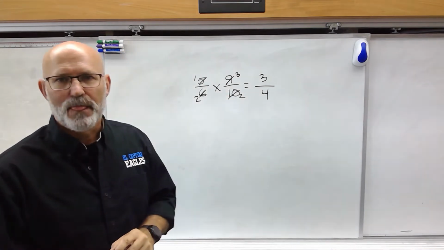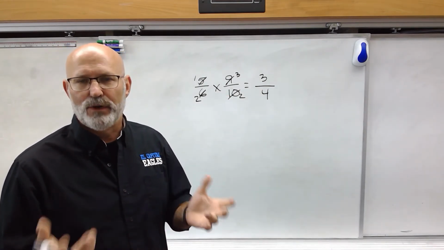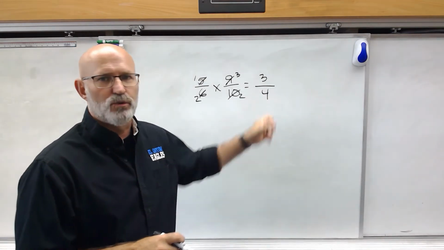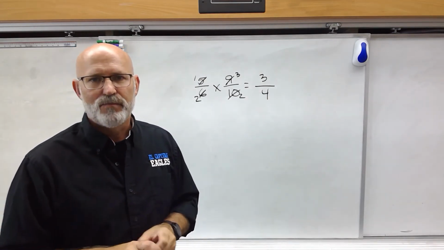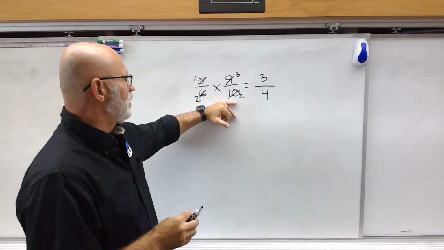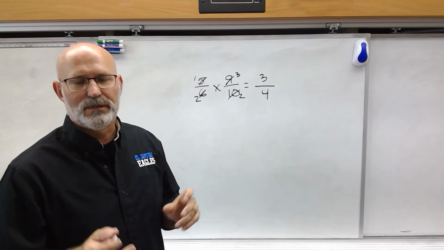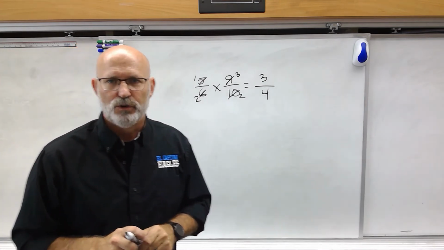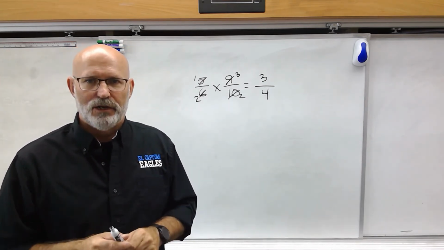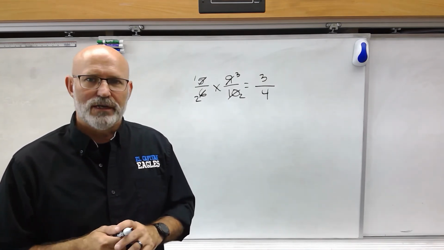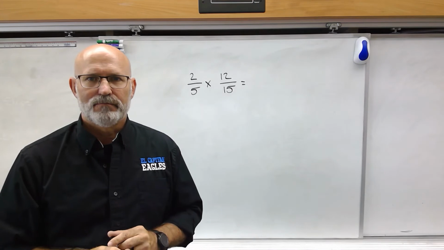Now I know that 15 will go into 45 3 times, and 15 will go into 60 4 times, so I can reduce it to 3/4. But sometimes, most of the time, a lot of times, it is just easier to simplify it prior to doing your multiplication. So let's take a look at another problem.